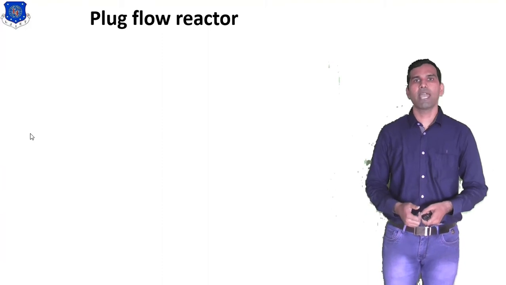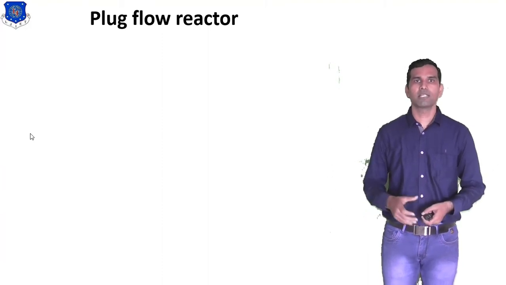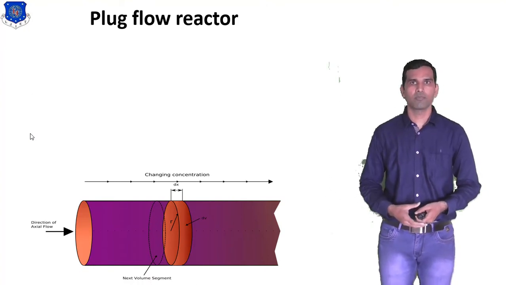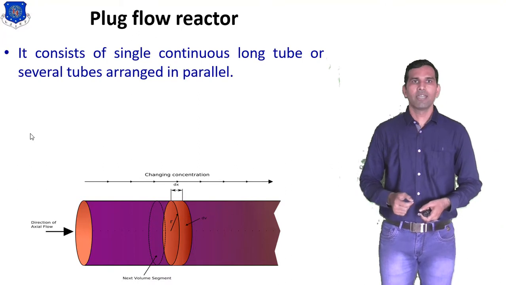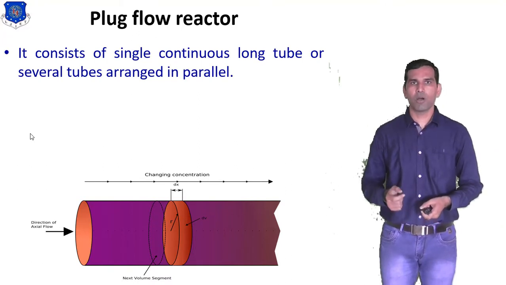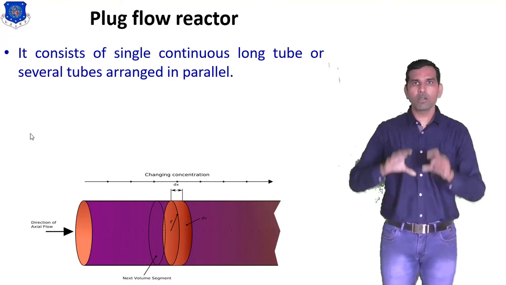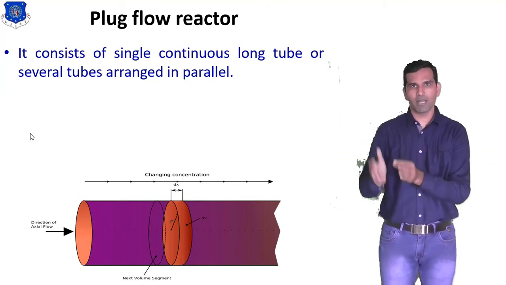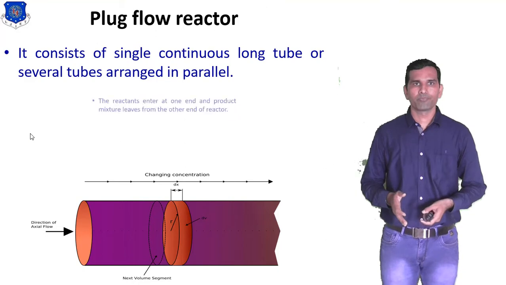Now we discuss the next reactor, that is the plug flow reactor. So here you can see a figure of the plug flow reactor. This reactor consists of a single continuous long tube or several tubes arranged in parallel.